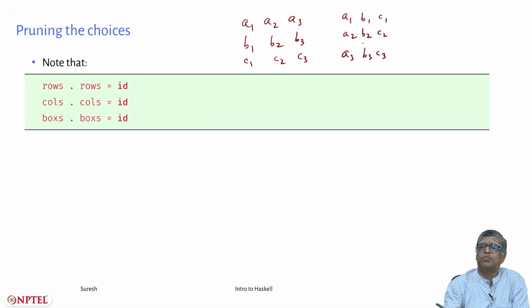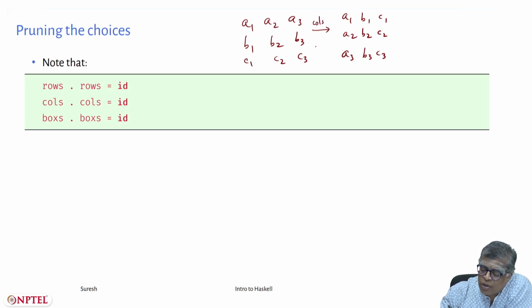Now this is a list of lists, but I can treat it as a matrix, and if I now take columns again, the first column is A1, A2, A3, the second column is B1, B2, B3, the third column is C1, C2, C3. In other words, cols takes me from there to here, and cols takes me from here back there also. So cols composed with cols is identity. Similarly, boxes composed with boxes is identity.